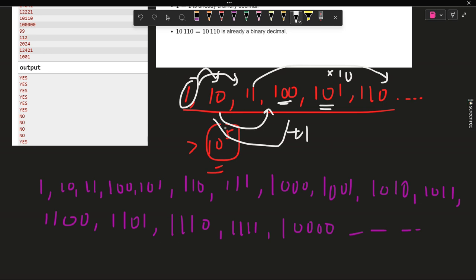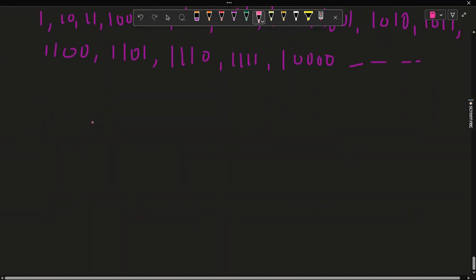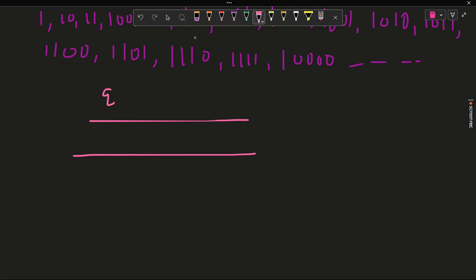So we can compute the binary decimal numbers up to 10 to the power 5 using a queue. How can we do this? Let's say we have a queue data structure, where initially we are putting 1.